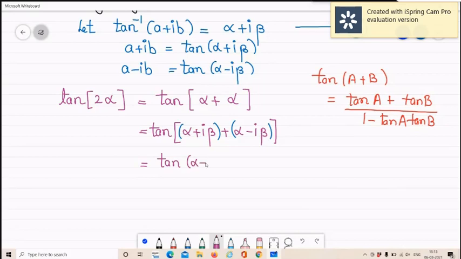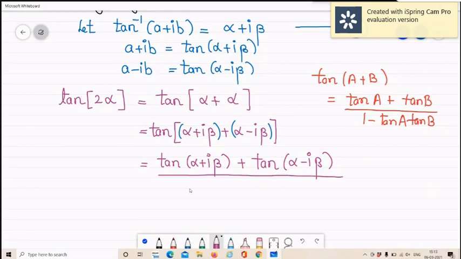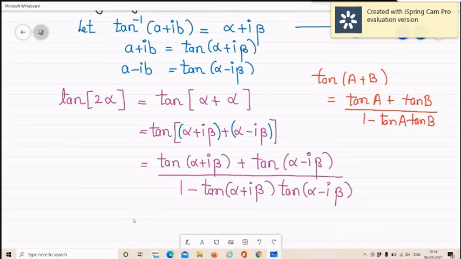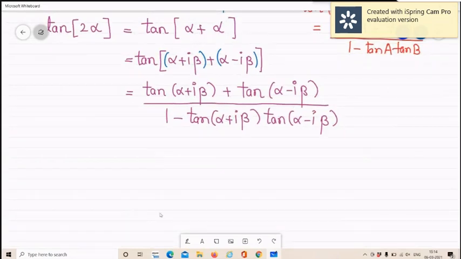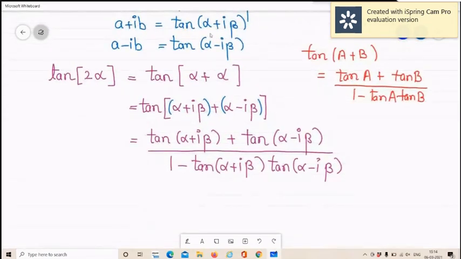Tan of alpha plus I beta plus tan of alpha minus I beta, divided by 1 minus tan of alpha plus I beta into tan of alpha minus I beta. So what is tan of alpha plus I beta? Alpha plus I beta is a plus ib, and tan of alpha minus I beta is a minus ib.